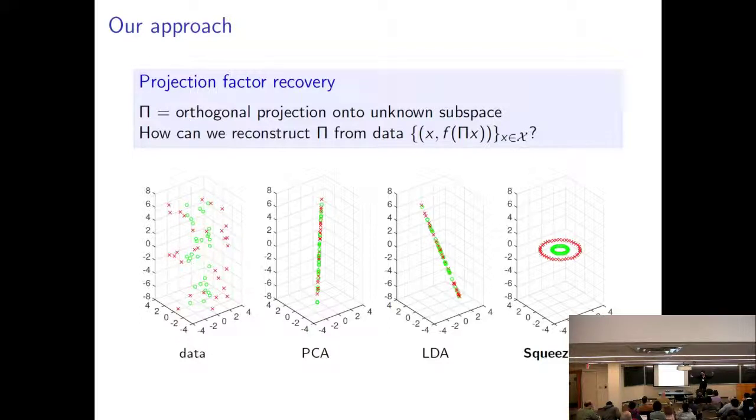So in that particular case, if you have separated Gaussians, don't wait for SqueezeFit. Just do LDA. Okay? Yes? You're going to get a lot of SVM vibes in the next slide.